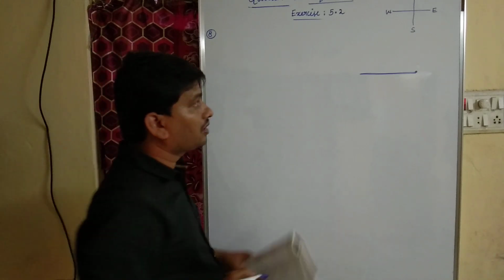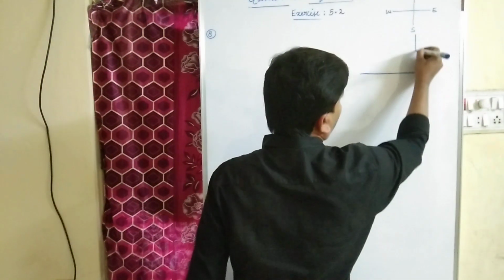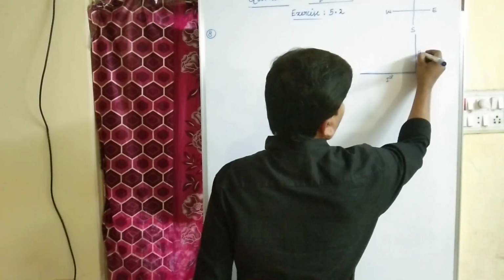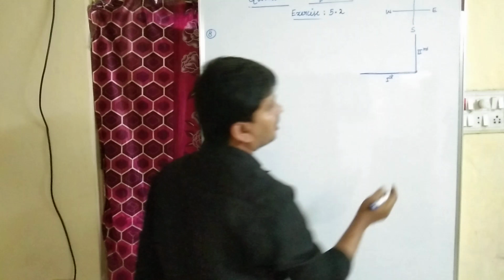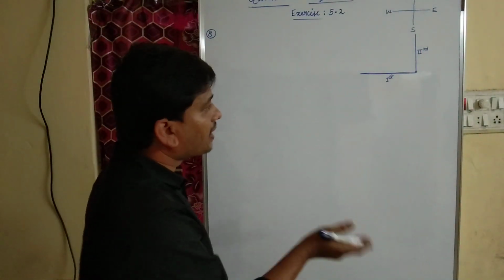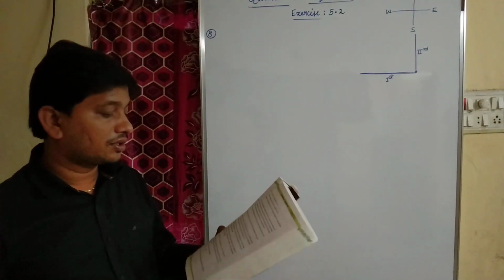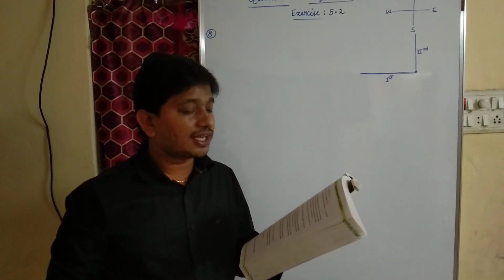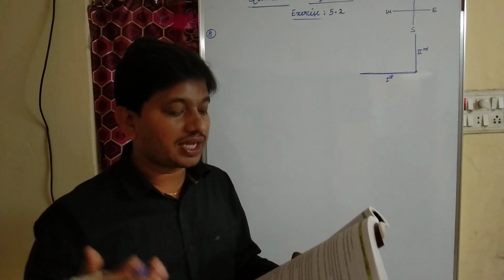And the second train travels towards north. This is our first train and this is our second train. First train travels towards west and second train travels towards north. The first train travels 5 km per hour faster than the second train.